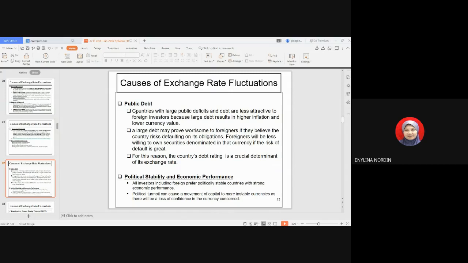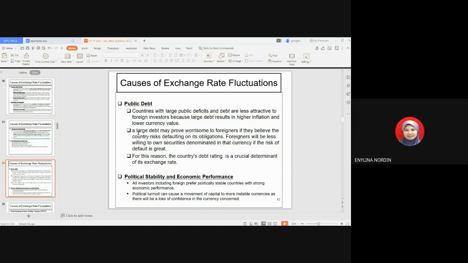Because large debts could result in higher inflation and lower currency value. A large debt may also make foreigners worry about investing in that country, if they believe there is a risk of the country defaulting on its obligations.